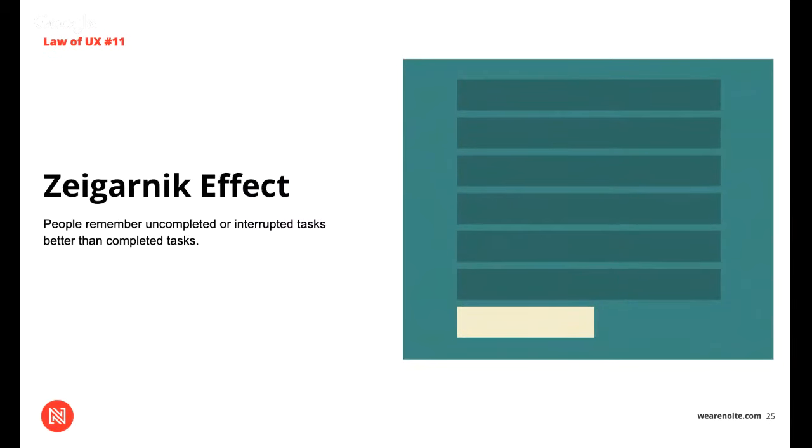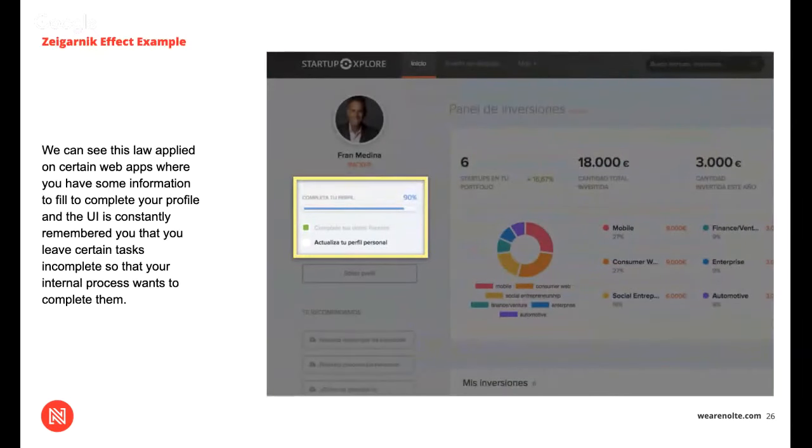And finally, I think this is the final law, the Zeigarnik effect. People remember uncompleted or interrupted tasks better than completed tasks. An example is when you see on a website that to fill a profile you need to do several tasks, and if you don't, the UI constantly reminds you that you have like 10% left to fill.